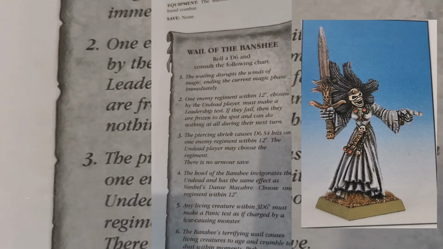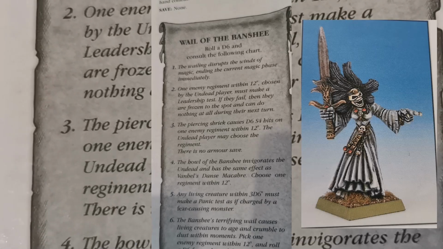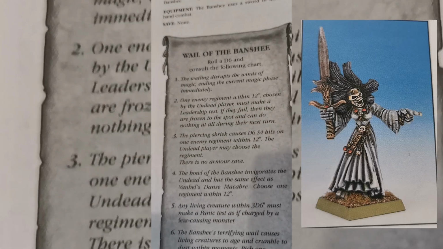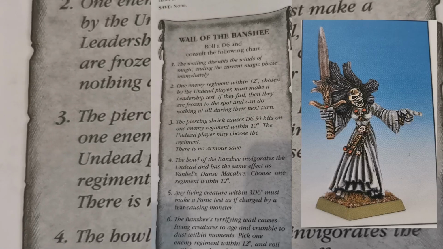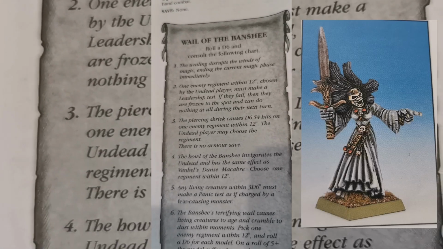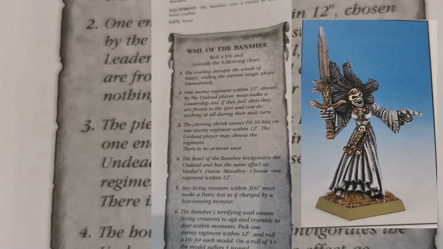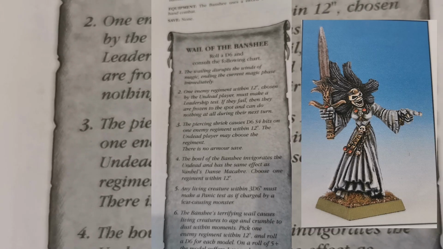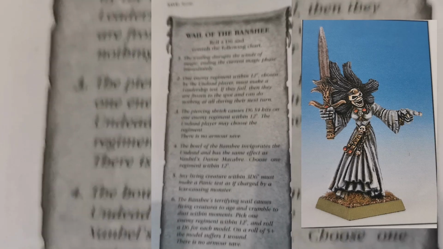So the Wail of the Banshee, roll a D6. The wailing disrupts the winds of magic, ending the current magic phase. One enemy regiment within 12 inches, chosen by the undead player, must make a leadership test. If they fail, they are frozen to the spot and can do nothing at all during their next turn. Well, that's amazing.